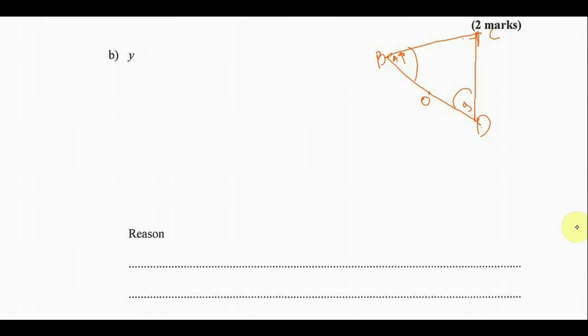So therefore this angle is 90 degrees, or angle in a semicircle. So we're going to say straight off that angle C is equal to 90 degrees. Angle in a semicircle.